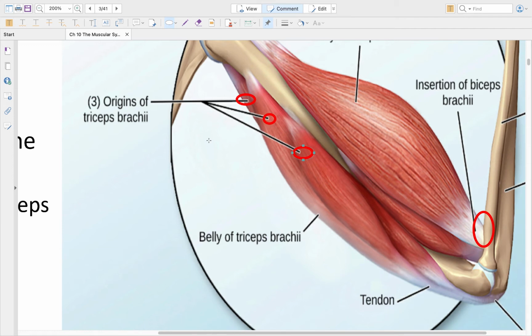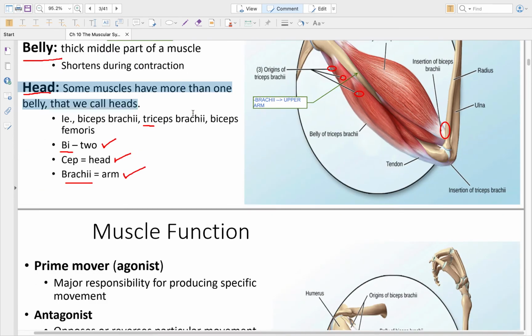And it's brachii because brachii means what? Do you guys remember? This is from our old terminology. But I want you guys to remember this permanently. You're going to see it again in part 2 of this class. Brachii is the upper arm. All right, very good.